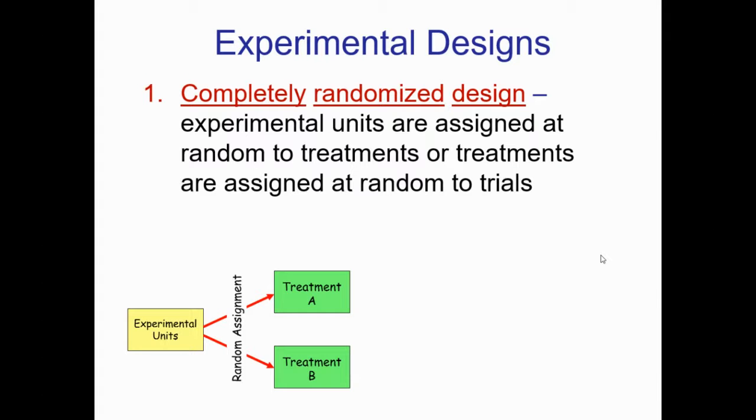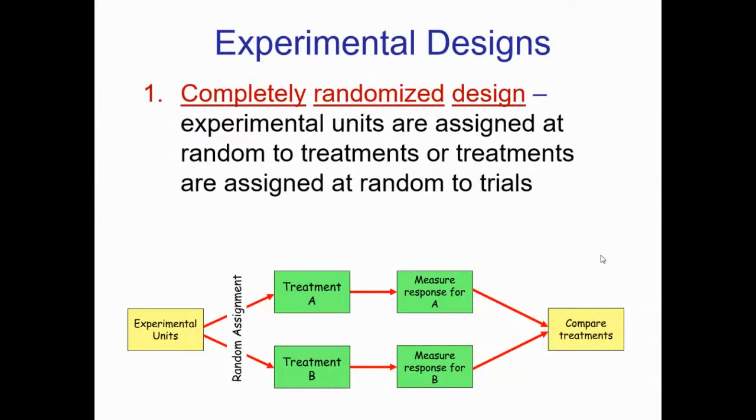We'll keep it simple. I don't think y'all want a flow chart that's like 8 treatments in width. And then for each treatment, you have to measure the response. And then you compare the treatments.